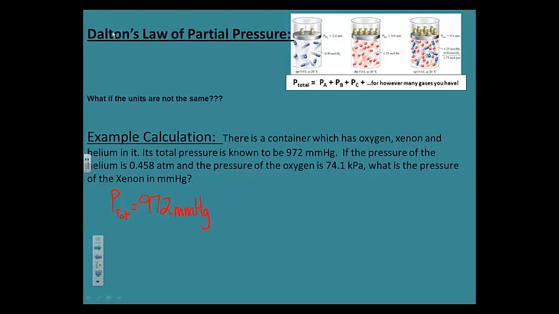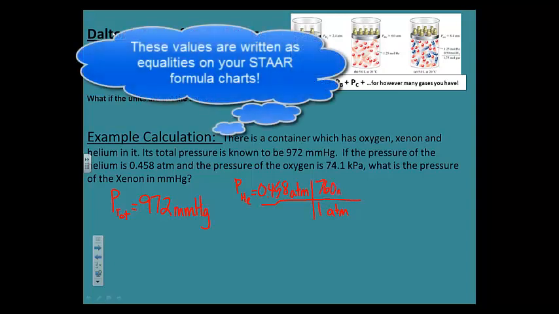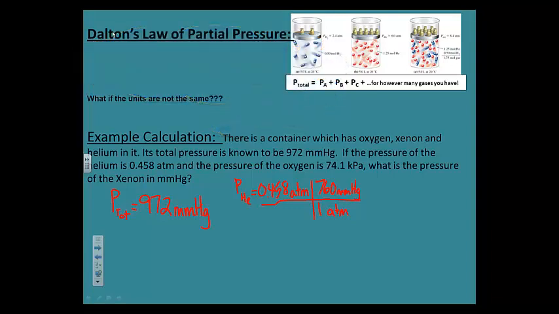Not a big deal. The pressure of helium is 0.458 atmospheres. I know that for every 1 atmosphere, I have 760 millimeters of mercury. Those values are on the back of your formula charts that we gave you, and you'll need to refer to those throughout this unit.